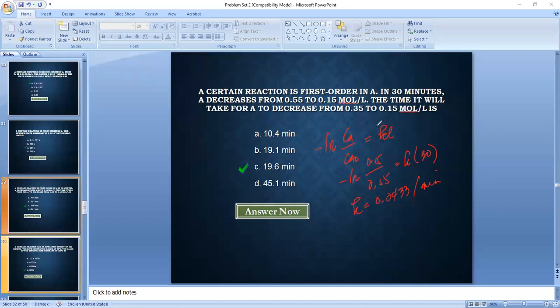Now, using this new set of information, you find the time. So negative ln of, your final concentration is 0.15, the initial is 0.35. You use this K that you already determined previously and time. So the time will be 19.6 minutes.